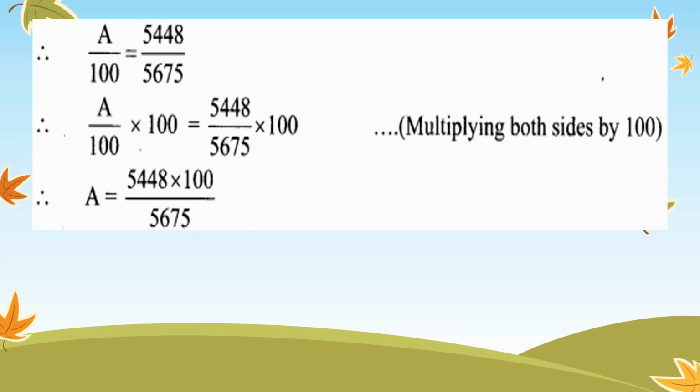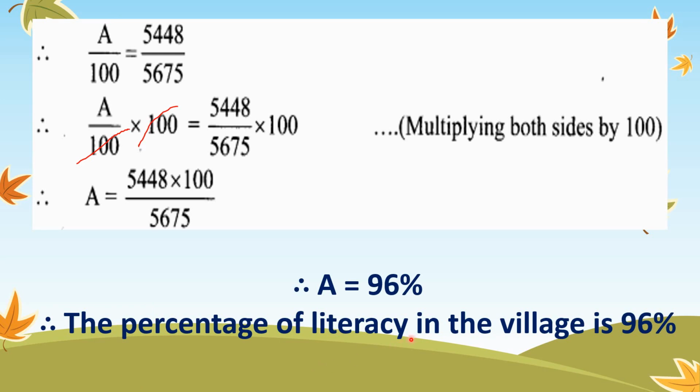Here we can cut this 100 and this. So A is equal to 5,448 multiplied by 100 upon 5,675. When we solve this, you will get A is equal to 96%. So the percentage of literacy in the village is 96%.